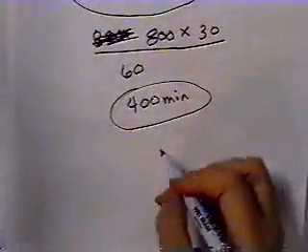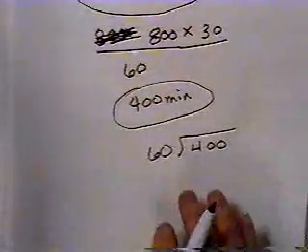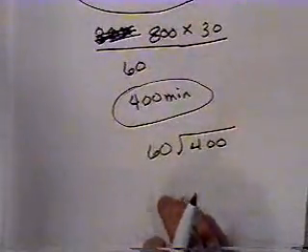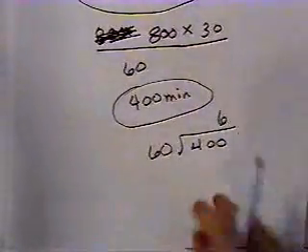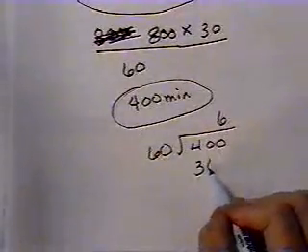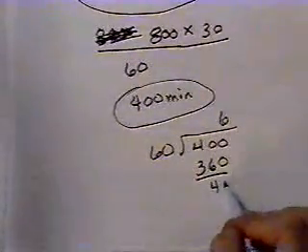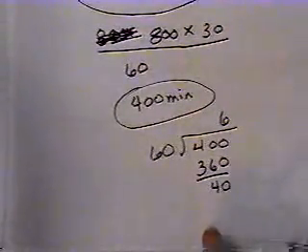What we're going to do is divide 60 into 400 without a calculator. 6 times 60 is 360, and we're going to leave the remainder as minutes.